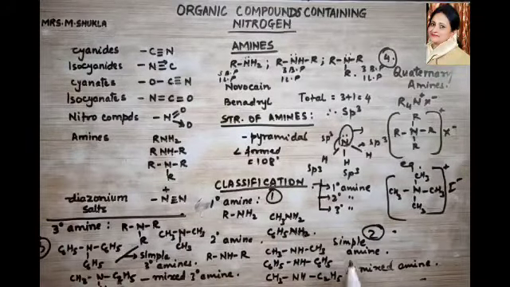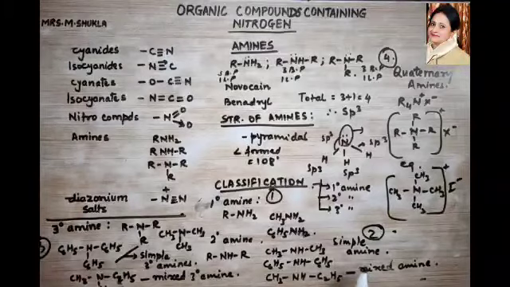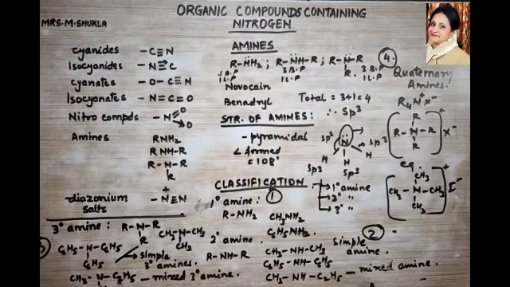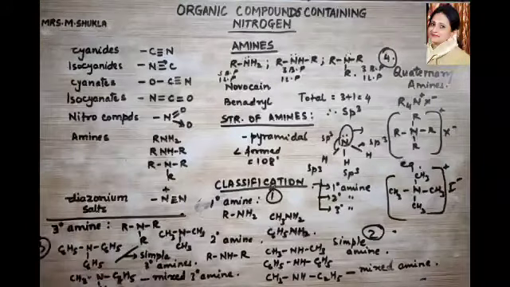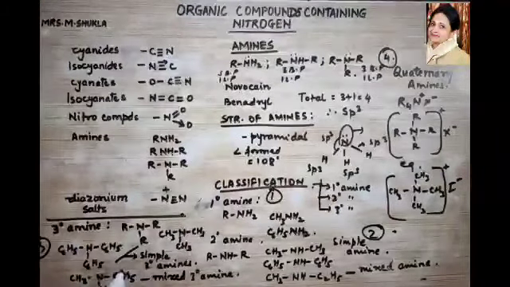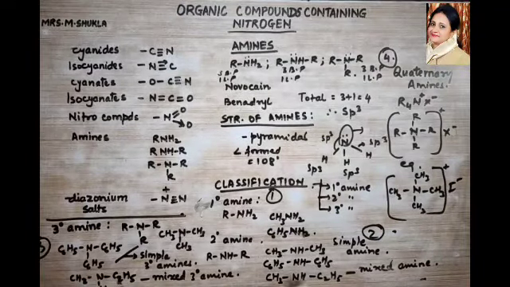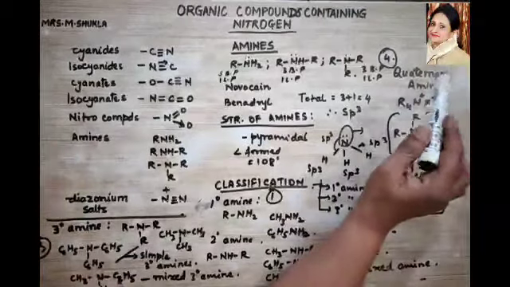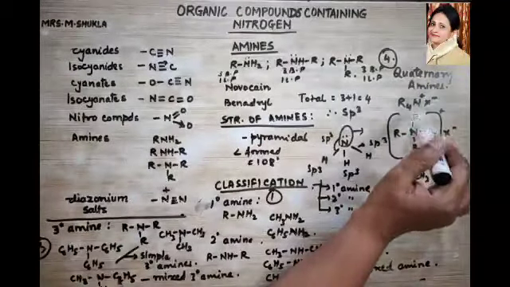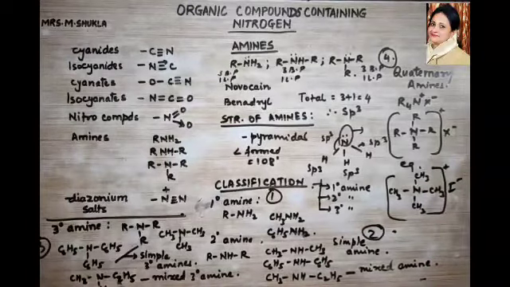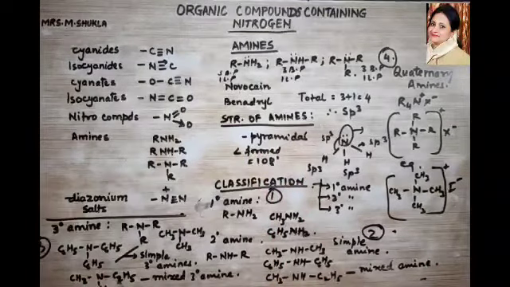In your secondary, 2 hydrogen atoms are removed, and they could form a simple or a mixed amine. In your tertiary amine, 3 hydrogen atoms are removed. Here also you form a simple and a mixed tertiary amine. And fourthly, when all 4 hydrogen atoms are removed, you form a quaternary amine. Next we move to the nomenclature.